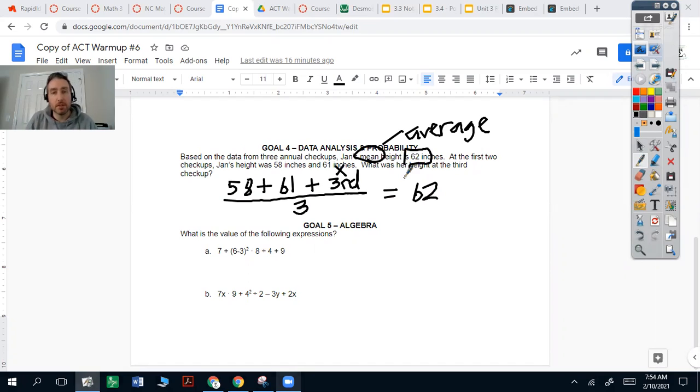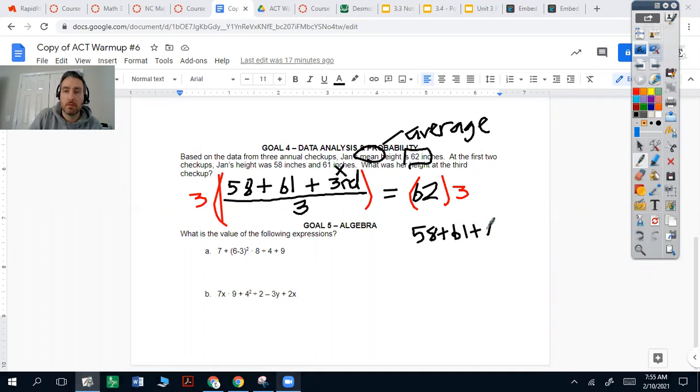So we're going to solve this equation. First, we're going to multiply both sides by 3. So we'll say 3, and then 3. 62 times 3 is 186. So now I have 58 plus 61 plus x. That's going to be 186. Now I can add these two together first.